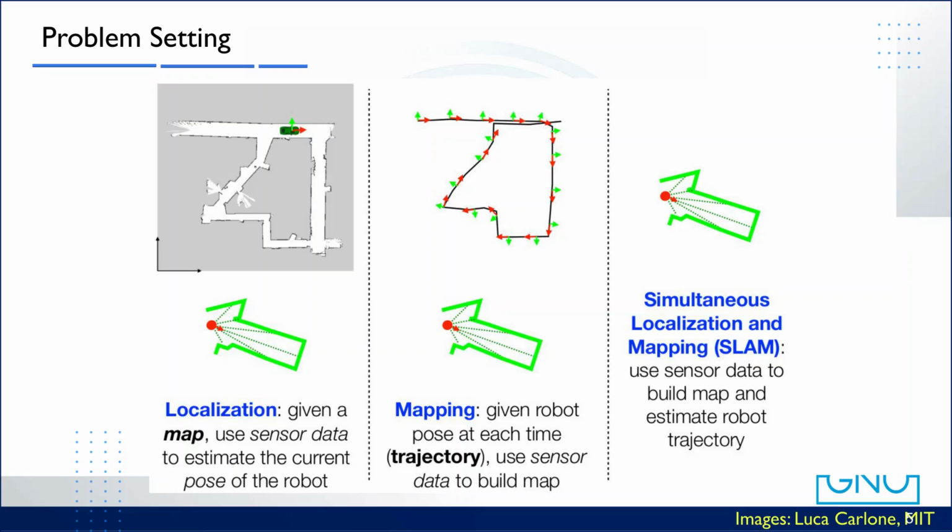On the right is the core challenge we truly want to solve: SLAM. Starting with no prior map, the robot must use sensor data to build a map while simultaneously estimating its own trajectory within that map. In other words, localization and mapping must be done at the same time, making this a highly challenging problem.